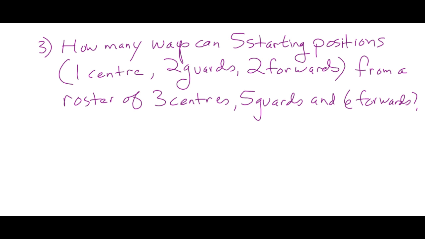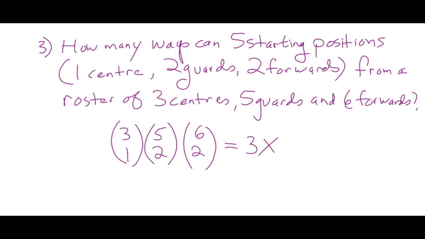So the first expression is? I need one of these. 3 choose 1, right? I have 3 centers, followed by 5 choose 2, so I need 1 center and 2 guards, and what's next? 6 choose 2. 3 choose 1 is 3, 5 choose 2 is, remember, 10, and 6 choose 2 is 15.